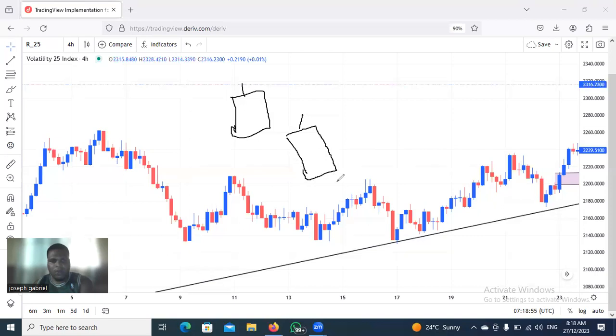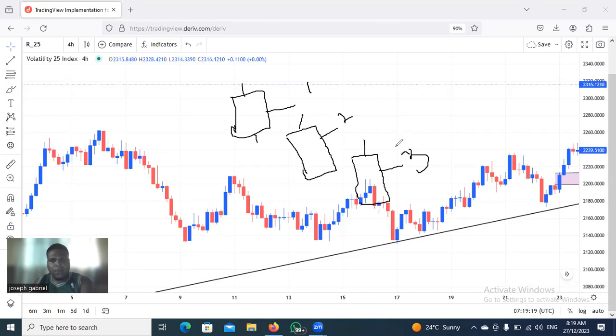So let's say we are having 3 candles: this is candle 1, we have 2, and we have 3.